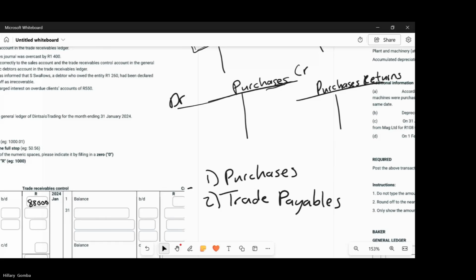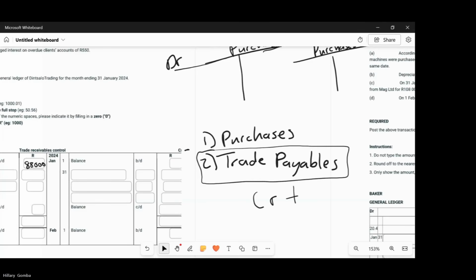So trade payables is a liability that we are owing the company that you bought goods from. And you know that all liabilities increase on what? On the credit side. Do you both agree? Yes. So if they increase on the credit side, this is supposed to increase on the what? On the debit side. Right.